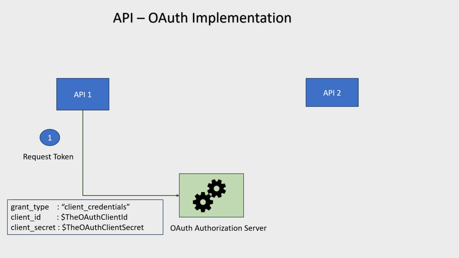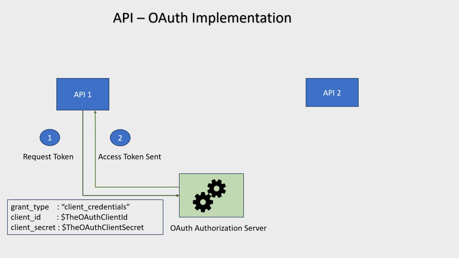For that, the grant type we are using here is client credentials, and the client ID and client secret which have been given to API 1 are sent to the OAuth server. Now the OAuth server knows that this ID and secret are valid, generates a token, and sends back this access token to API 1.